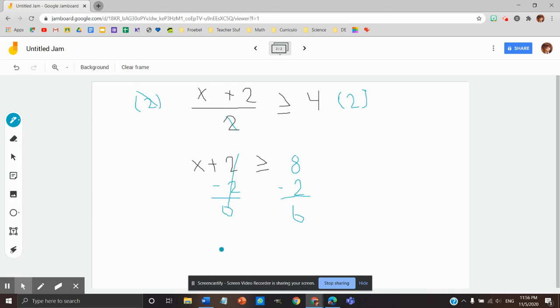I'm going to be left with x on the left side, bigger or equal than. And again, that stays the same because I did not multiply nor divide by a negative number. I only subtracted. On the right side, I have 6. And that is my answer.